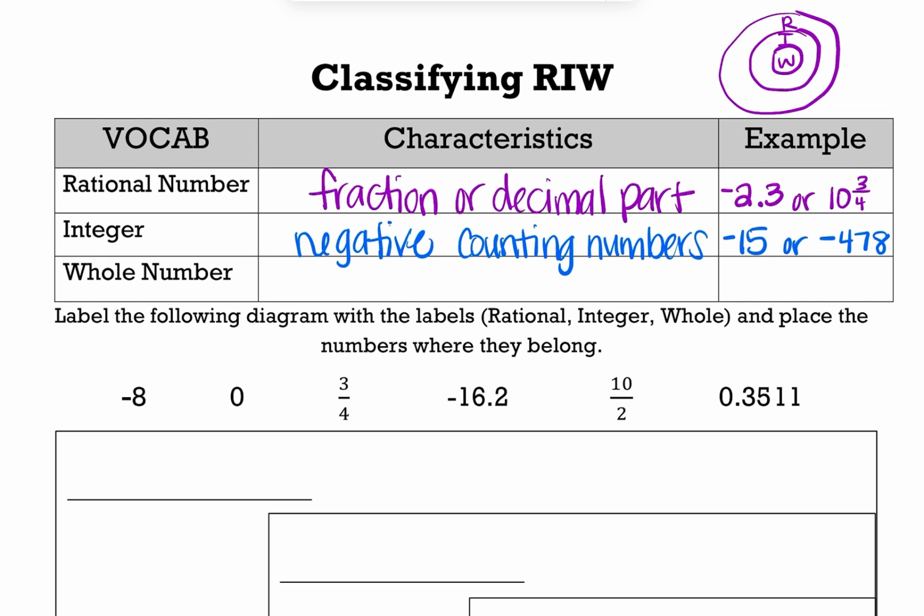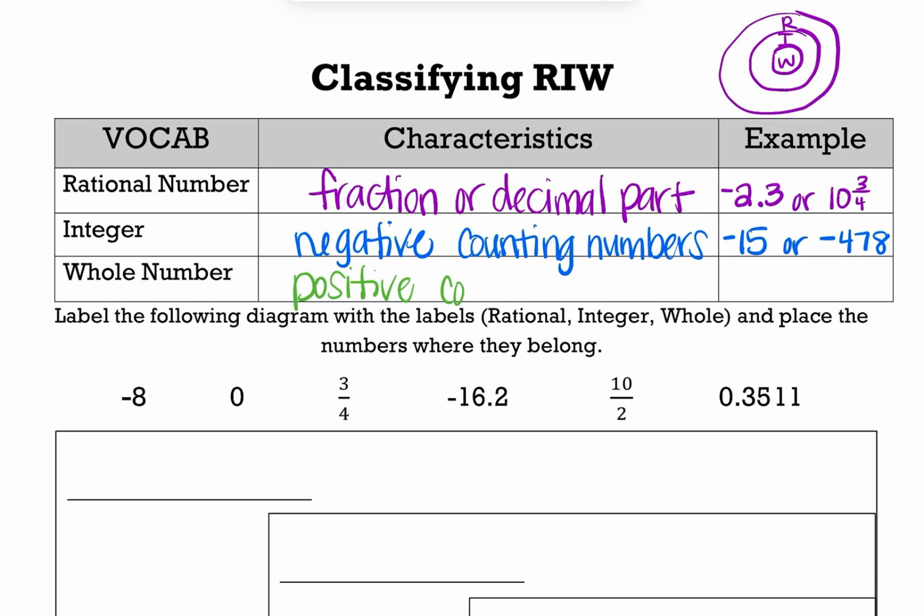Again, negatives, and they have no fraction or decimal part. Whereas up here, even though this was negative, it has a decimal, and decimals have to live in the rational section, okay?